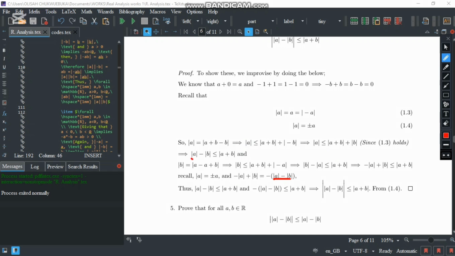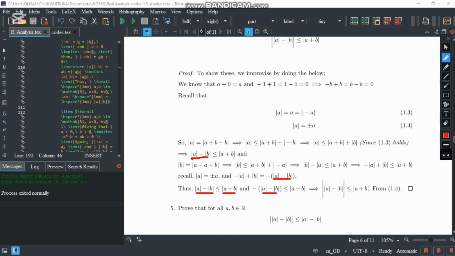So we can actually say that the absolute value of a minus the absolute value of b is less than or equal to the absolute value of a plus b, and the negative of the same, the absolute value of a minus the absolute value of b, is less than or equal to this.